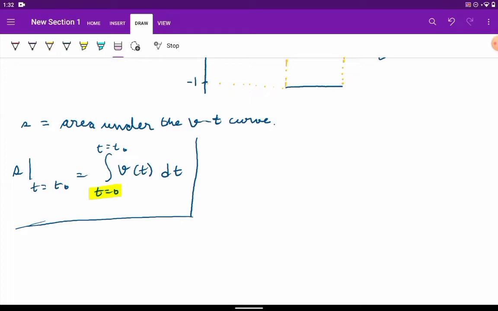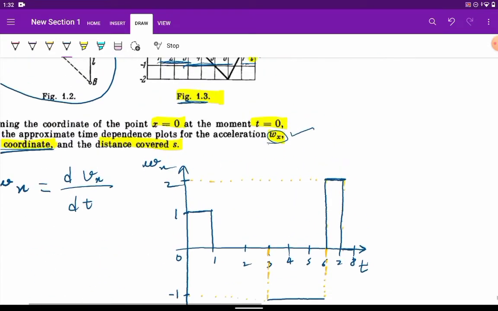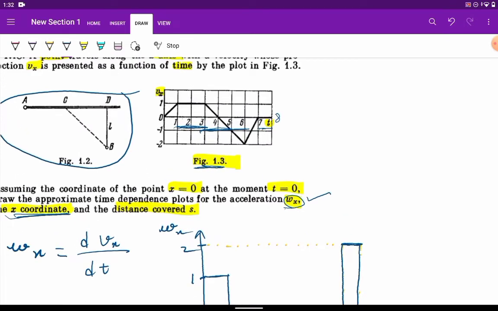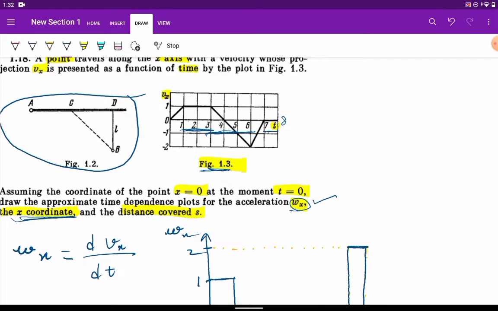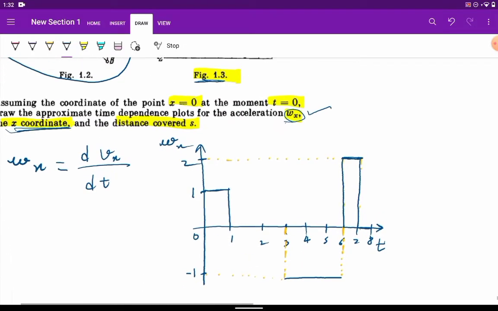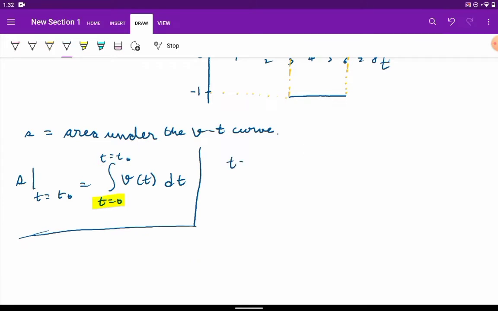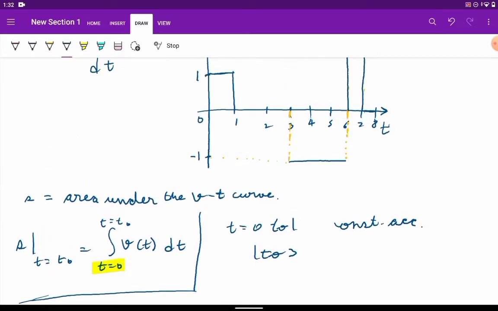So if we can divide first of all this curve, figure 1.3, or basically the whole thing from t equal to 0 to t equal to 8, you can divide it into certain spans. So for instance, from t equal to 0 to 1, it's basically a constant acceleration. From 1 to 3, it is constant velocity, right?